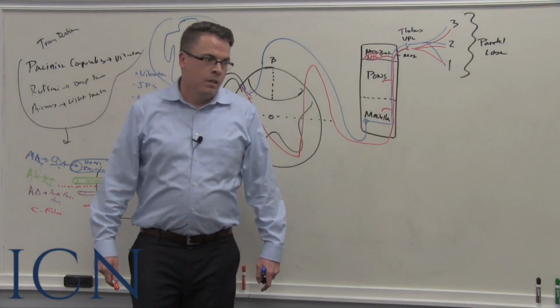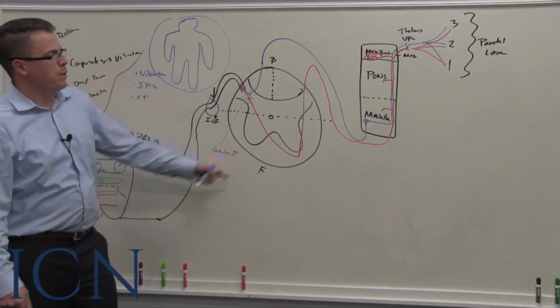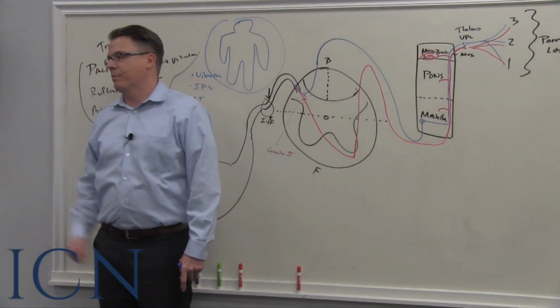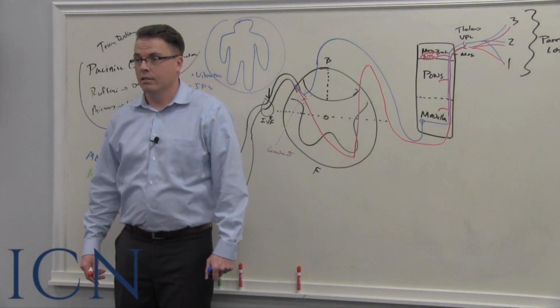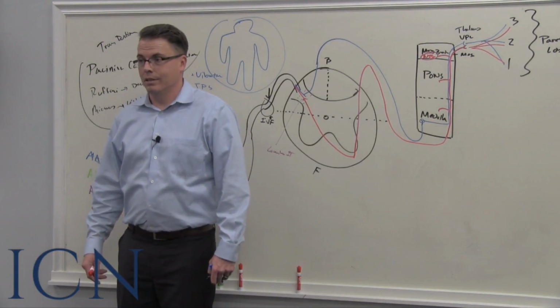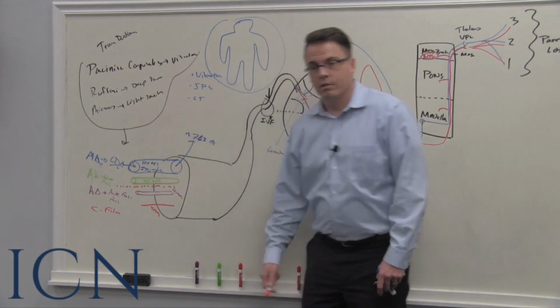Okay? Now, you look at this pathway, and for someone who has chronic pain, how many areas could there be a problem? A lot. A heck of a lot. It could be a problem at the nerve endings.